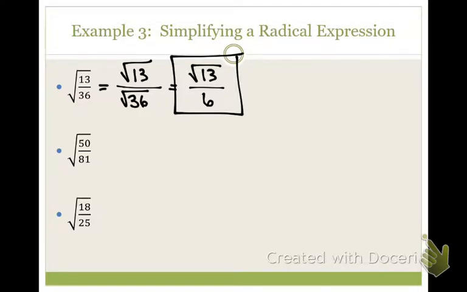All right? Go ahead and try to do the second one. All right, so I break it up, square root of 50 over 9. Okay, right? Well, let me do it this way. Square root of 50 over the square root of 81. Okay, can I take the square root of 81?